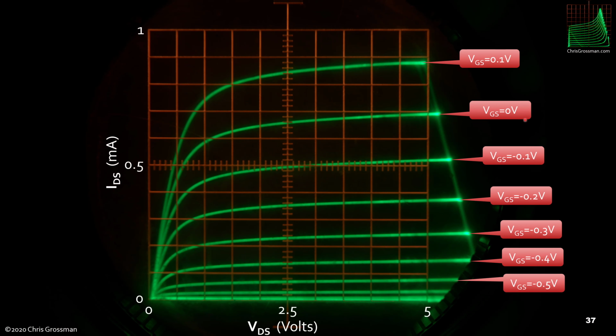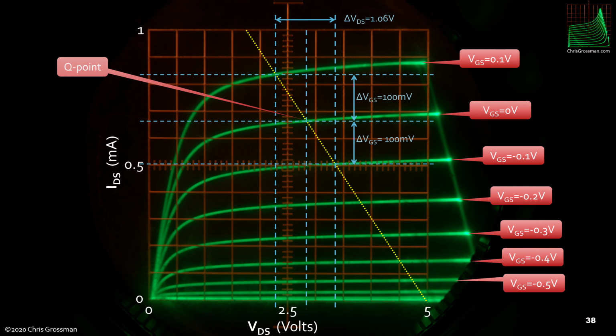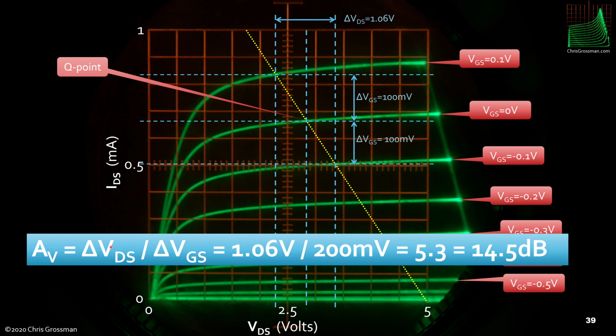So now let's look at the IV curves again. We can do some measurements here, where again, this is the Q point. We can look at the change of voltage going in and compute the change of voltage going out from this IV curve. And we get a voltage gain of 14.5 dB.